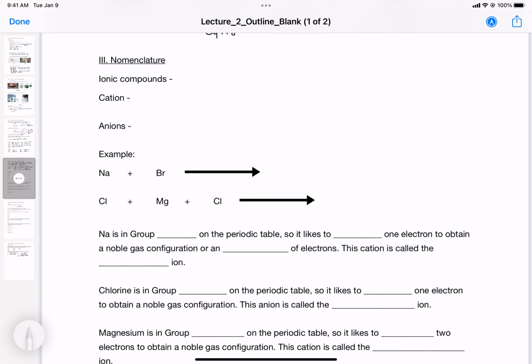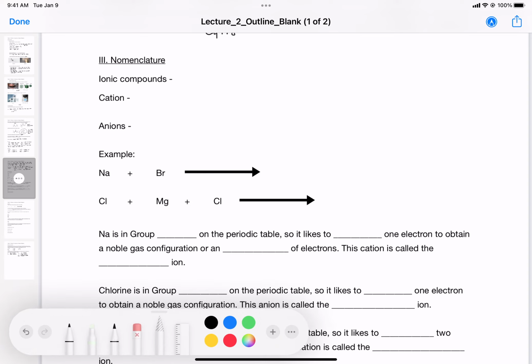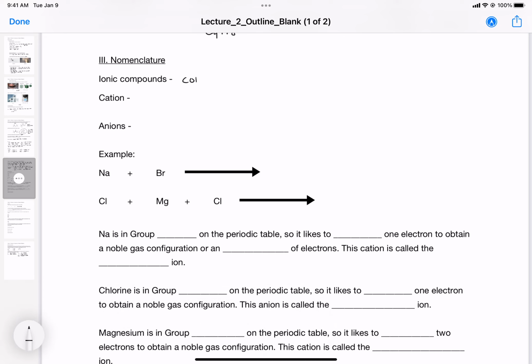First, let's talk about ionic compounds. Ionic compounds are composed of elements forming ions.